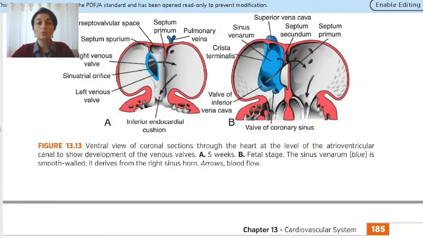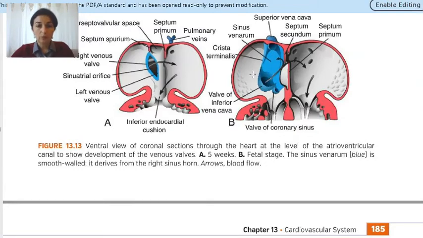So it will form a smooth walled region, part of the right atrium. The primary part of the right atrium becomes its trabeculated portion, and the part of the sinus that is incorporated into this right atrium will form the smooth walled part.